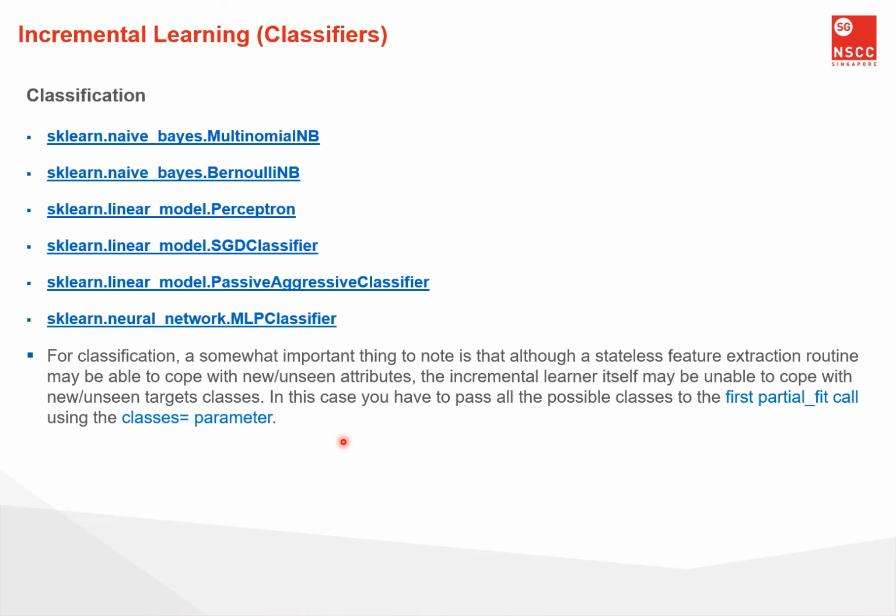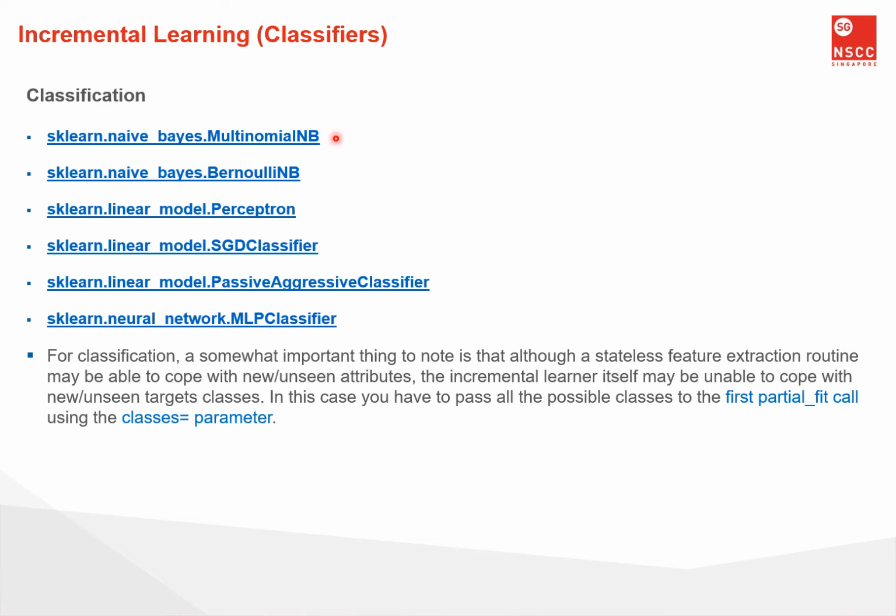One thing to note about classification is that even if the feature extraction part of your pipeline is able to cope with new or unseen attributes that are appearing in the later batches of data, remember, in partial fit, we are training it batch by batch rather than all at once with the entire data frame. But the incremental learner alone may not be able to cope with this.